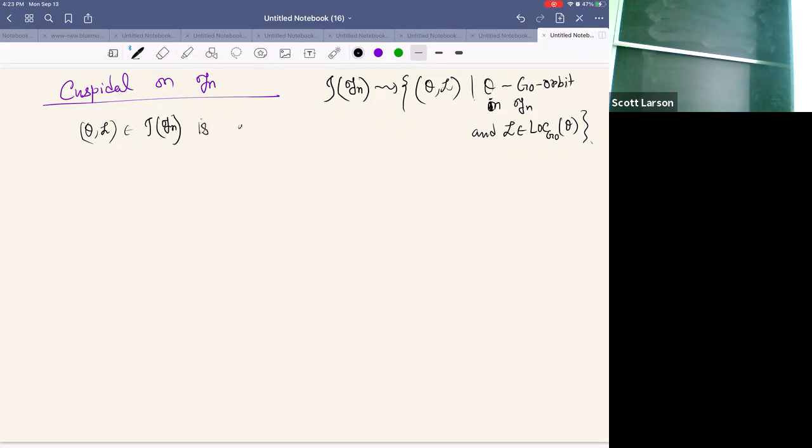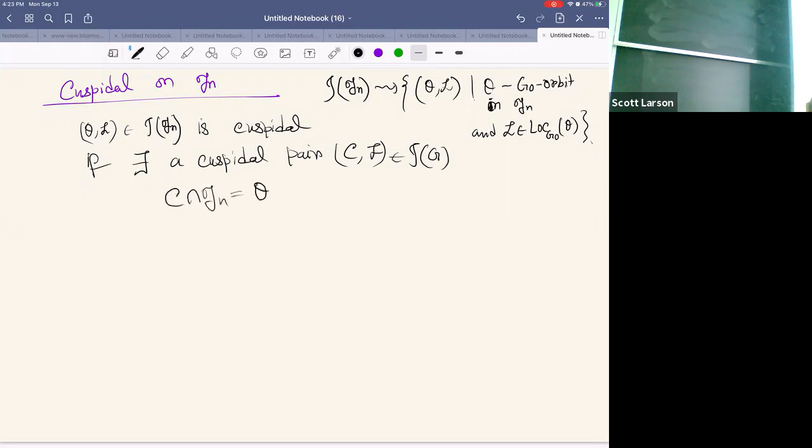Okay, so this is cuspidal if there exists a cuspidal pair in the bigger Levi in the nilpotent setting, so that C intersection Gn is O and L is actually coming from the restriction of F on O. So a pair in the graded setting is cuspidal if there exists a cuspidal in the nilpotent setting whose restriction is this pair.